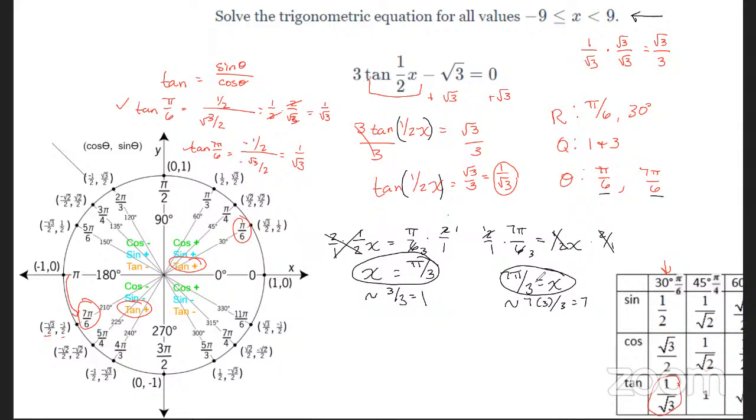Since we got both of these within the domain, we now need to look at adding 2 pi and subtracting 2 pi to some of these answers, because we still have a wider range, right? This first answer that we looked at when we found the estimate, it was only 1.